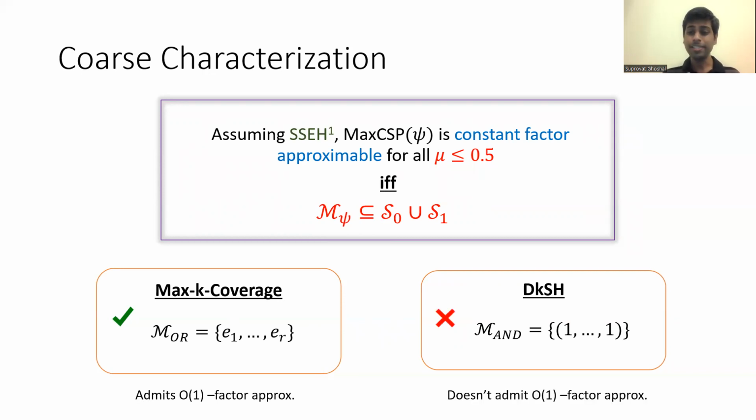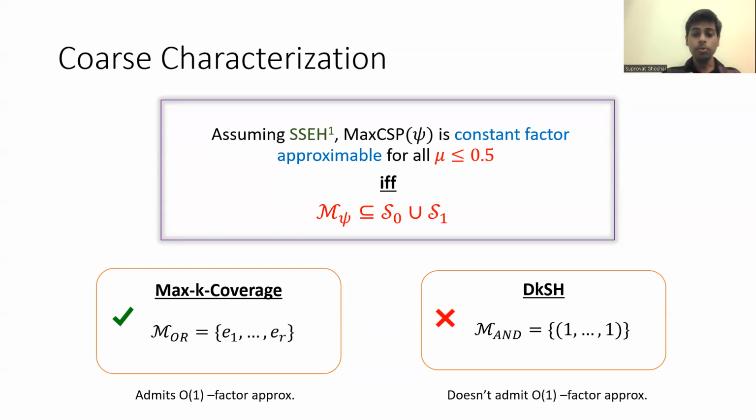The all-one string clearly does not have Hamming weight at most 1, so it fails our characterization. And that means that our characterization implies that Densest-k-SubHypergraph cannot admit a constant factor approximation algorithm, which is again something we know from previous results.